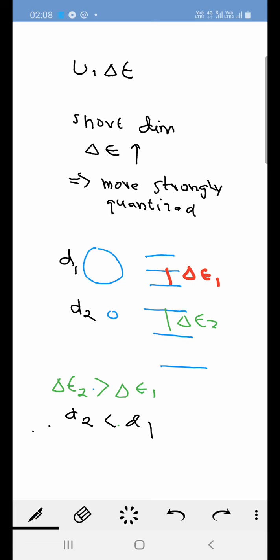Mathematically we can say that delta epsilon is proportional to 1 by d squared, where d is the shortest dimension of the island.